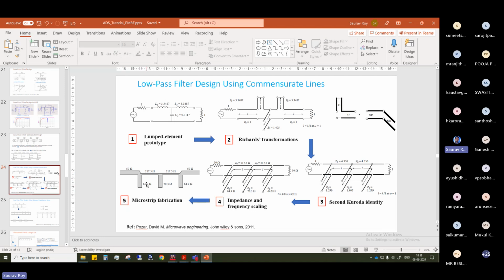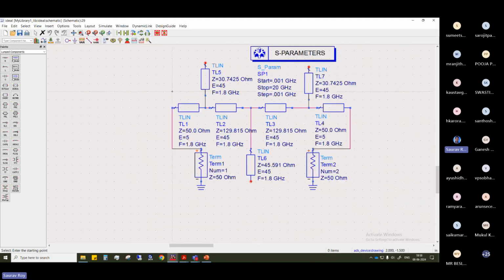It is just the line width, because you will already have your substrate thickness known, and permittivity known. Once all these are given, for a given characteristic impedance, what you need to know is the width of the line. Once this characteristic impedance is known, you can use the LineCalc tool and calculate the line width. So that is what has been done in this design.